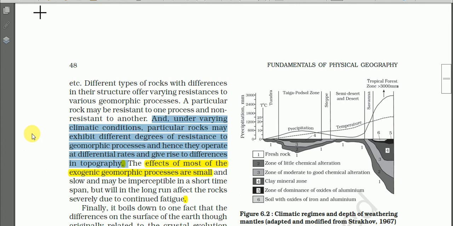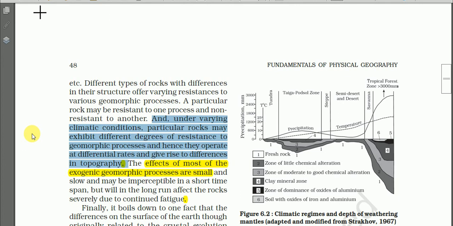In the hot desert, the granite block will expand during the daytime and contract during the nighttime, and because of this process the granite may break down. In the cool areas, this expansion and contraction may not be there.